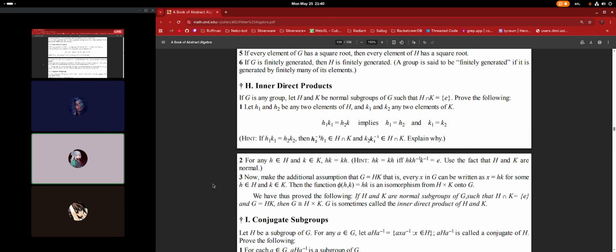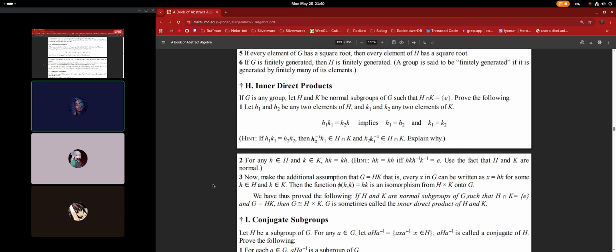It is kind of interesting, actually. Inner direct products. If G is any group, let H and K be normal subgroups of G, such that, oh, the K here is not kernel. Okay, never mind. So these are just two normal subgroups of G, and their only intersection is the neutral element.